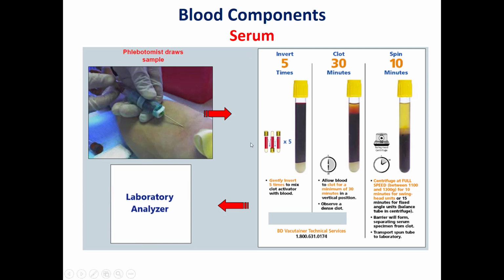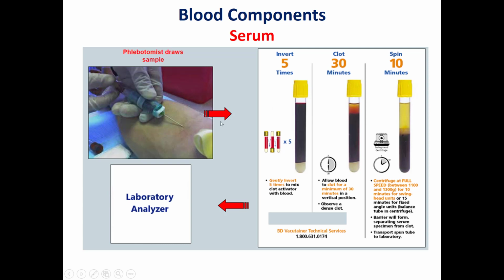Prior to starting testing in a clinical chemistry analyzer, immunoassay analyzer or electrolyte analyzer, we need to have serum. Whereas in the case of the coagulation analyzer, instead of serum, we should have plasma.